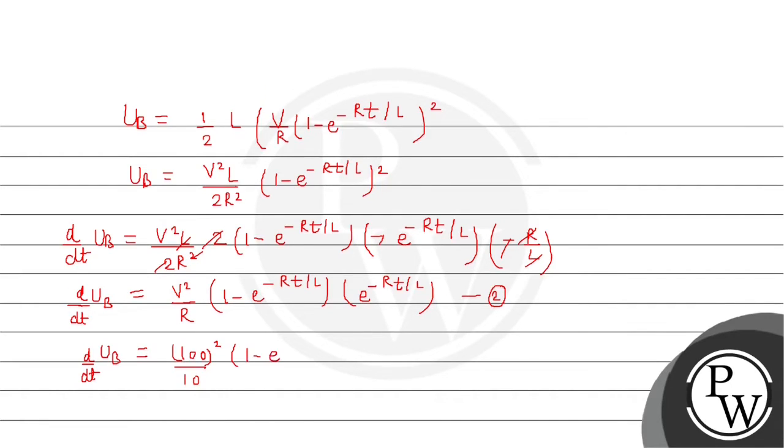1 minus e to the power minus R की वैल्यू है 10 ohm and time की वैल्यू है 0.10 second and L की वैल्यू है 2 Henry, and e to the power minus R की वैल्यू है 10 ohm, T की वैल्यू है 0.10 second by L की वैल्यू है 2 Henry.